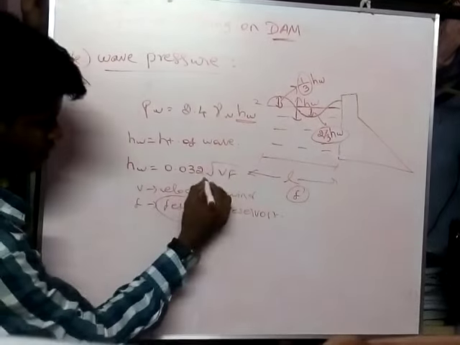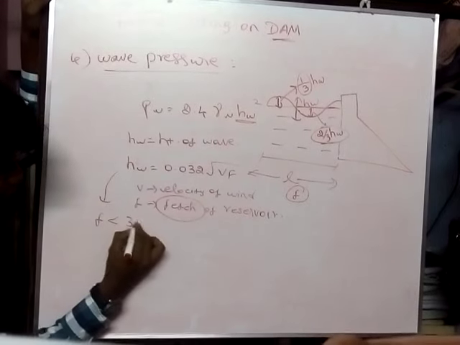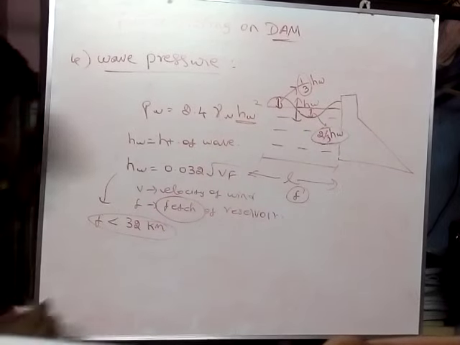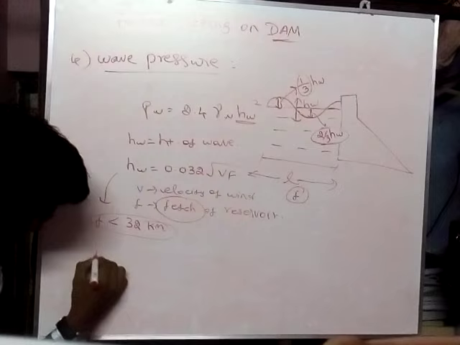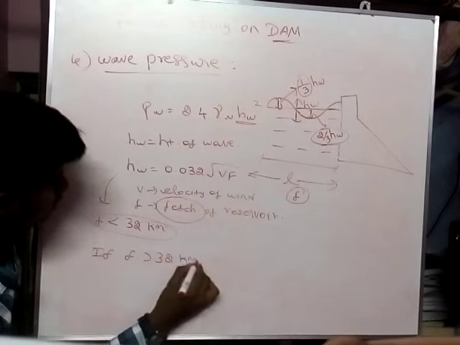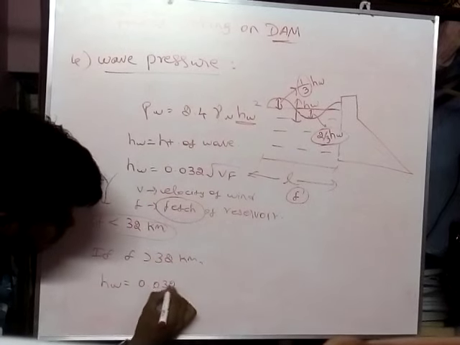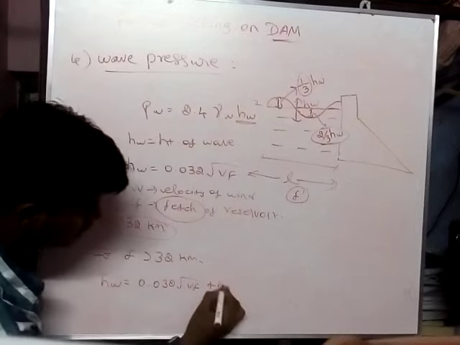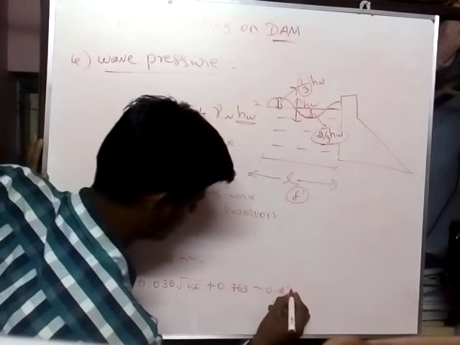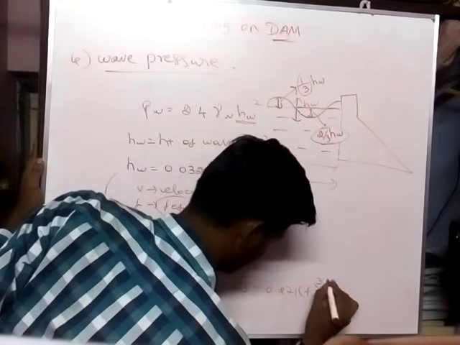This is applicable for F less than 32 km. If F is greater than 32 km, height of wave is 0.032 root of VF plus 0.763 minus 0.271 F power 3/4.